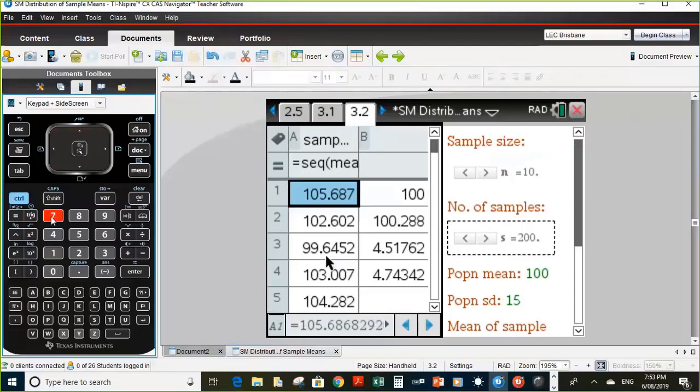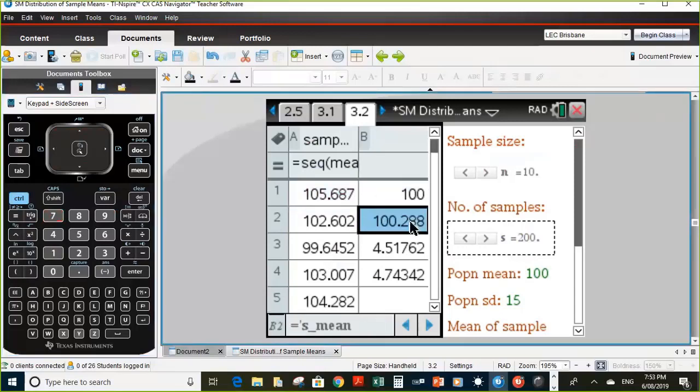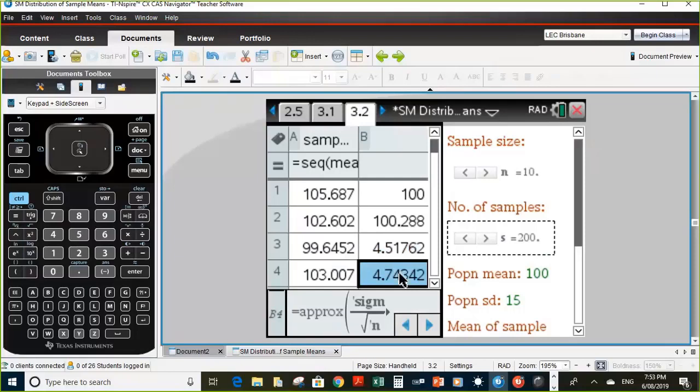The sample size is 10, and what you'll notice here, the population mean is 100, and the mean of the sample means is 100.288, which is quite close to the population mean, and this is what you would expect. And then what you're also seeing is an increasing closeness between the sample standard deviation and what we would expect from sigma on the square root of n.